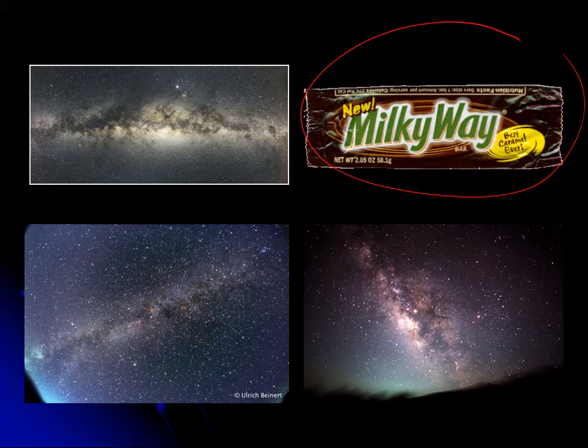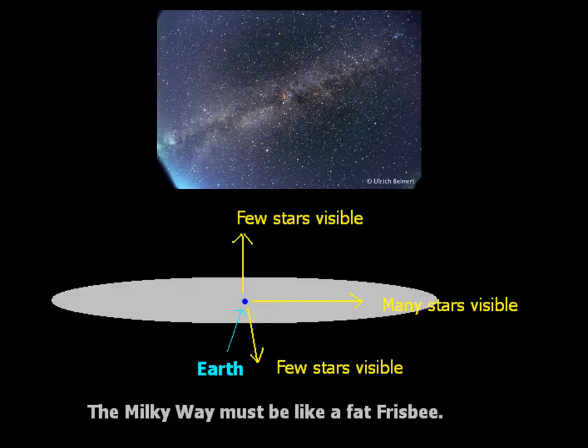It's not uniform. It's thicker in one part of the sky than another, and that led them to imagine it's a little bit asymmetric. One of the things we discovered, though, was that no matter what direction you look along the Milky Way, you saw about the same number of stars, and if you look in other directions, you see fewer stars.